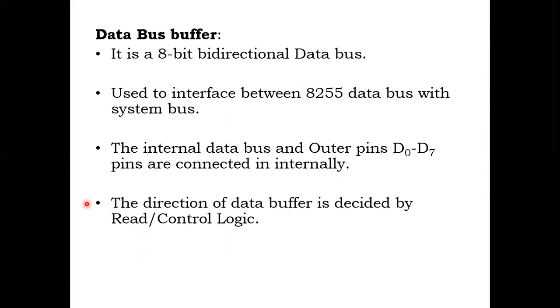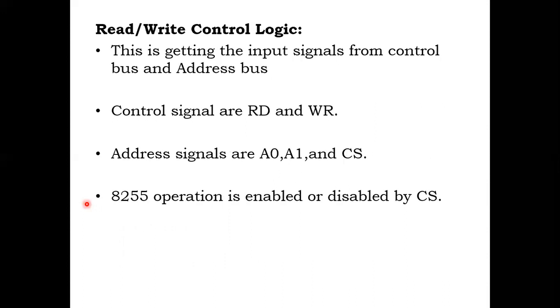Then the data bus buffer. It is an 8-bit bidirectional data bus buffer used to transfer data between the 8255 data bus and the system bus. The internal data bus and the outer pins D0 to D7 are connected internally. The direction of the data bus buffer is decided by the read and write control logic.